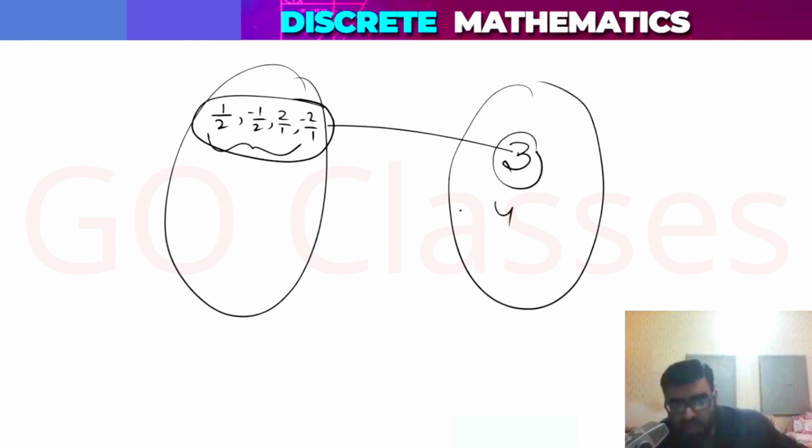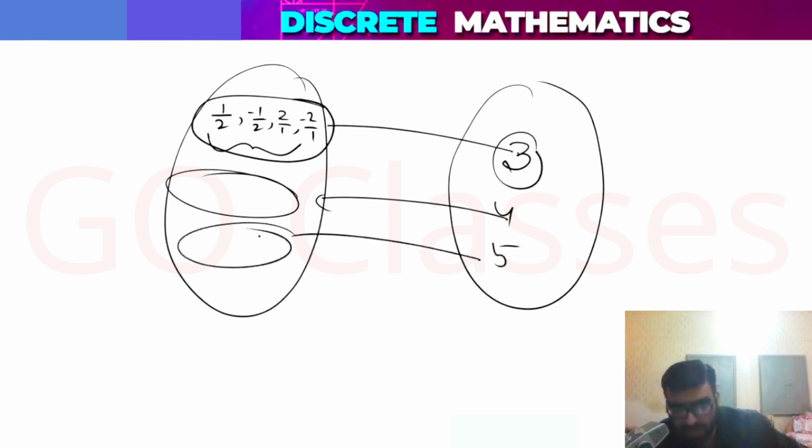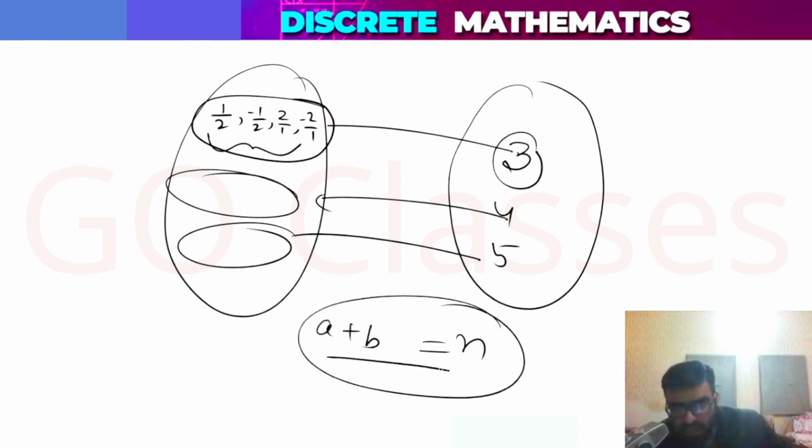So to this natural number you have some finite number of elements. To 4 you have some finite number of elements, to 5 you have some finite number of elements. Actually for any natural number you can find this using combinatorics. If you remember your combinatorics, this is the number of non-negative integer solutions of an equation.